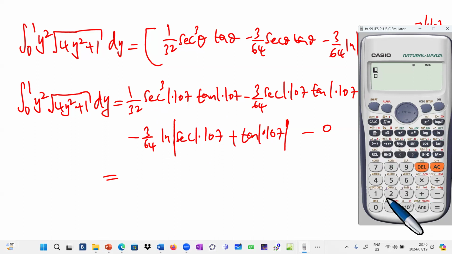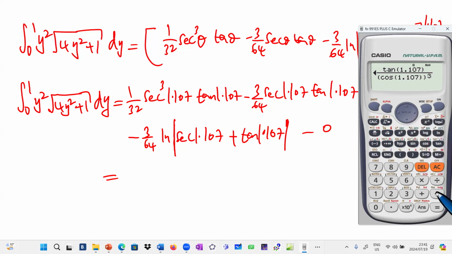So you can say 1 out of 32 times the tangent of 1.107, and you divide this by the cosine of 1.107, closed, and raise it to the cube.